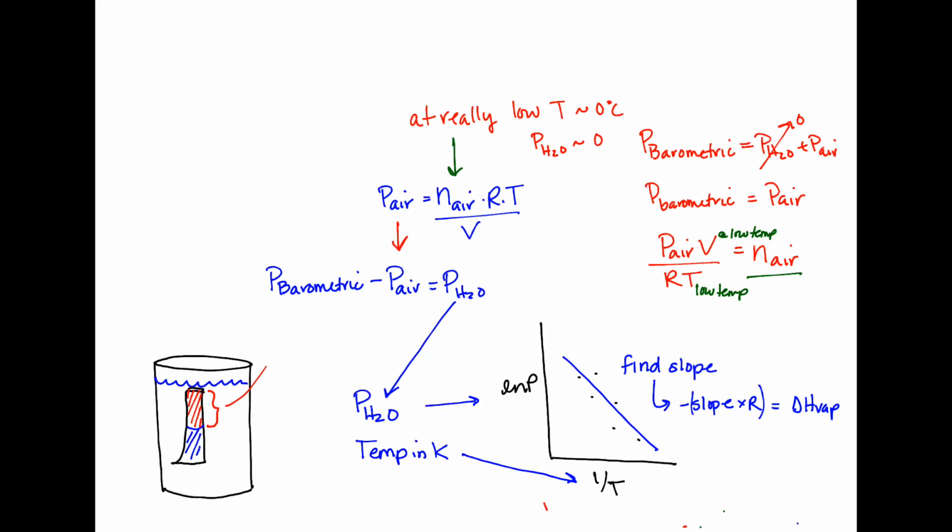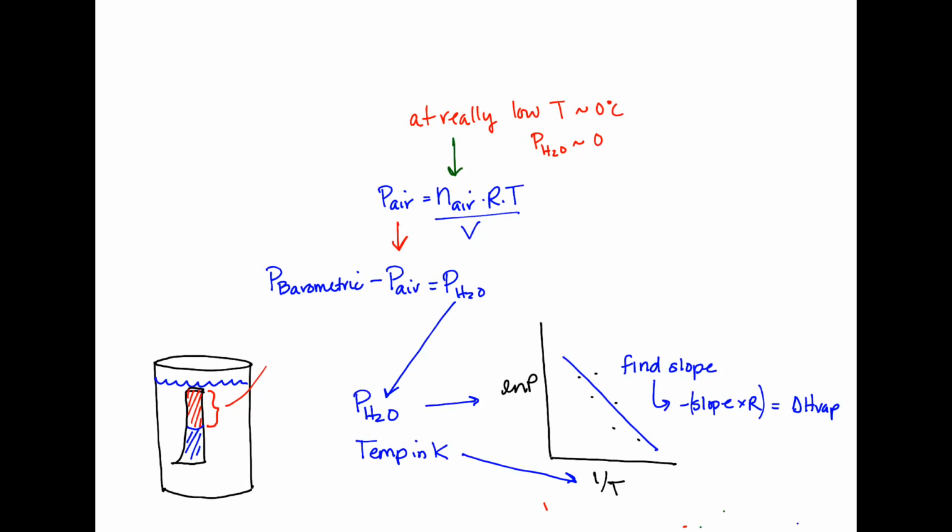So I'm going to clean that up a little bit, just rewrite this so that we can keep track. We're going to use the low temp and volume to find the pressure of air, to find the moles of air.